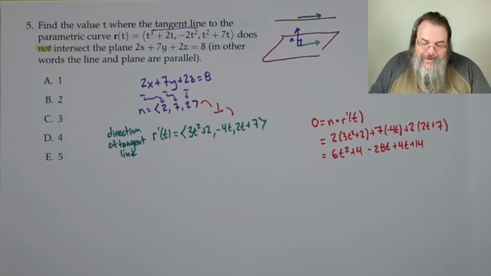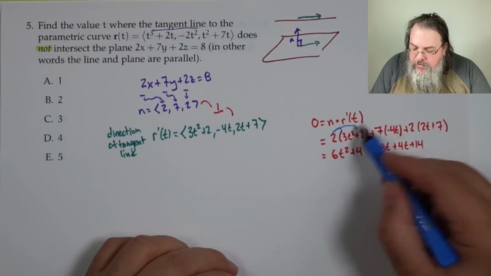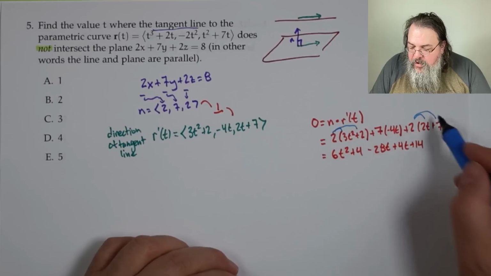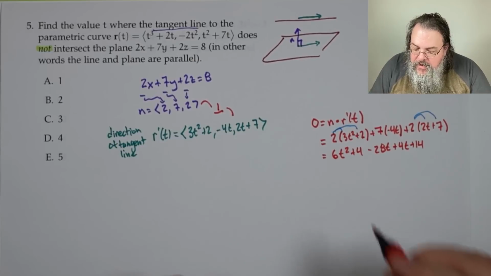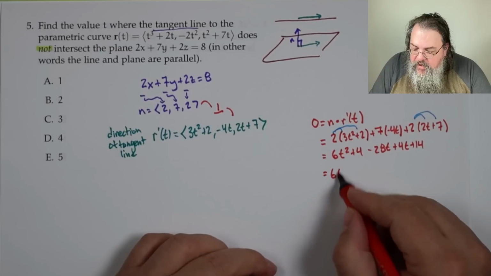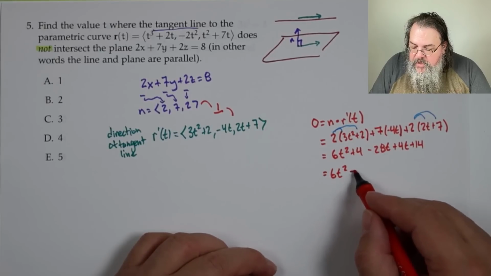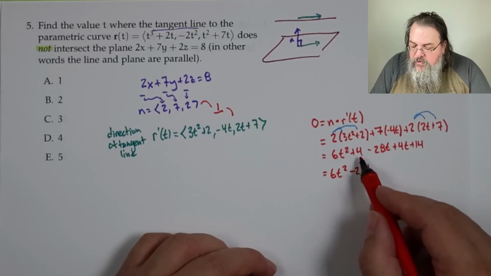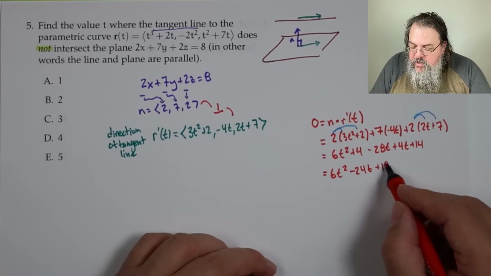Be careful. Make sure your parentheses game is in good form so that you distribute to all the terms. Okay, and we gather. We get 6t squared, minus 28 plus 4 makes minus 24t, and 4 plus 14 makes an 18.